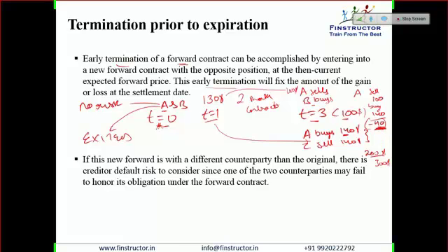Because your view was the price of the book will keep going up. So to avoid that further or future loss, you blocked that loss or you blocked the value. You can similarly lock in your profit also. That is, if B felt that this $130 is enough and the price will actually go down, B can also exit the contract.